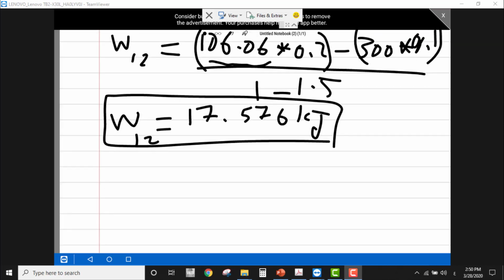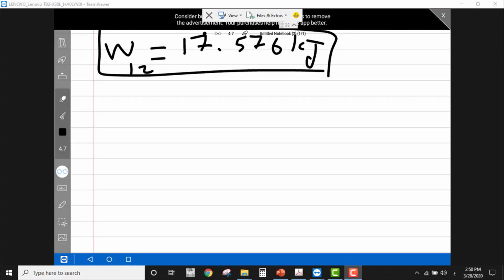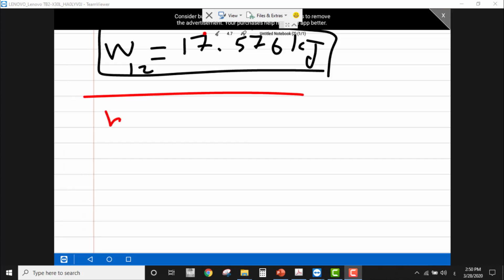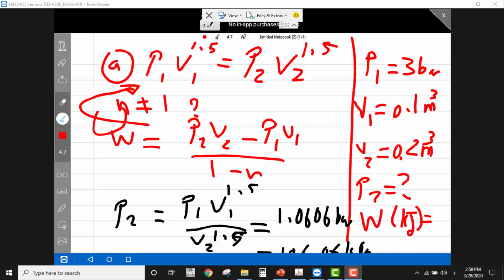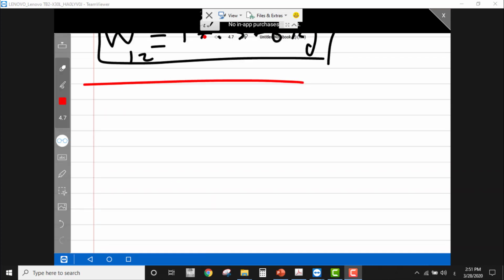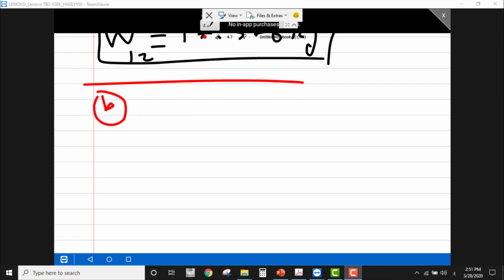Now let's go to the other scenario, which is B. Where in scenario B n equal to 1, and from here P1 V1 equal P2 V2.